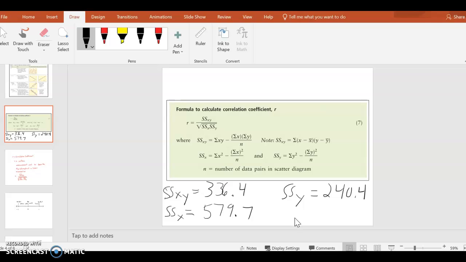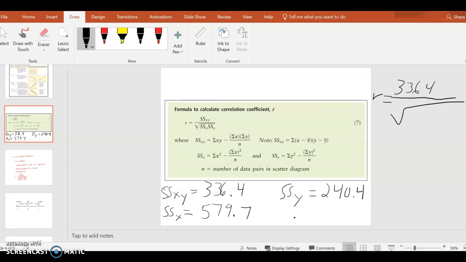So now we need to find R. We do SSXY, which is 336.4, divided by the square root of 579.7 times 240.4.